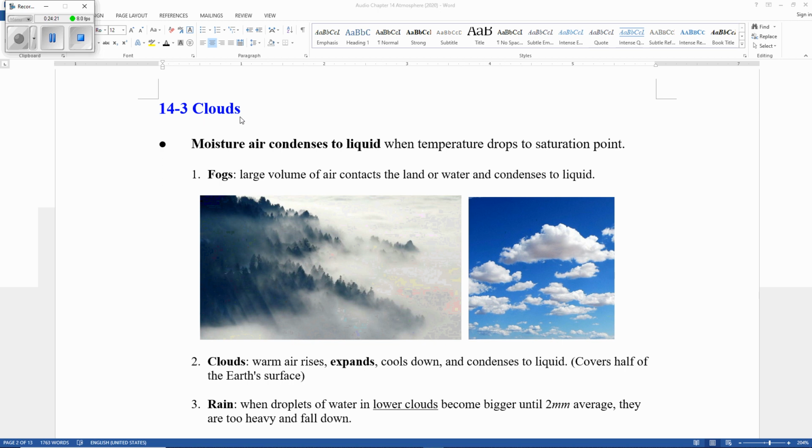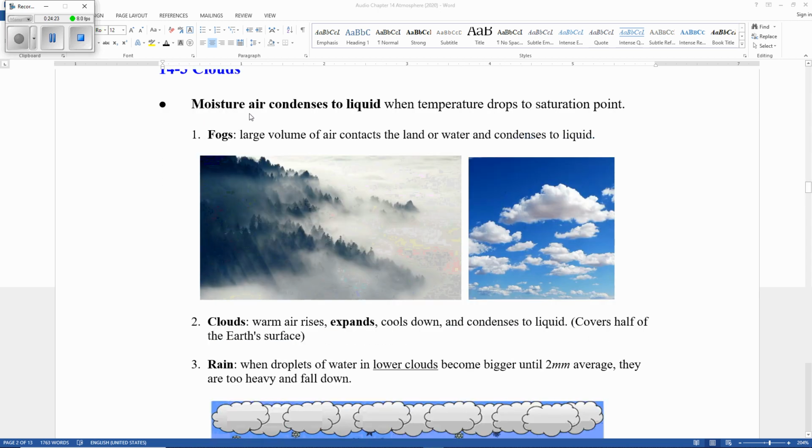Section 3, clouds. We can discuss the different fogs. It is a large volume of air contacting the land or water and then condensing to liquid. So fog and clouds are the same thing. One is close to the Earth's surface because of the cold overnight, so the air condenses to water vapor.